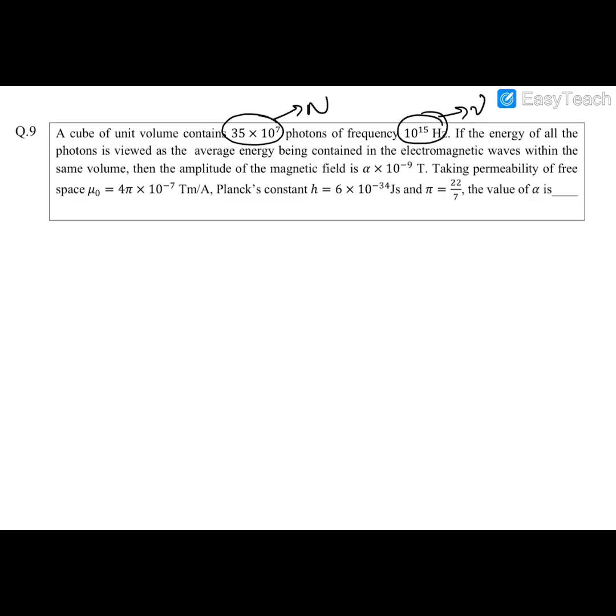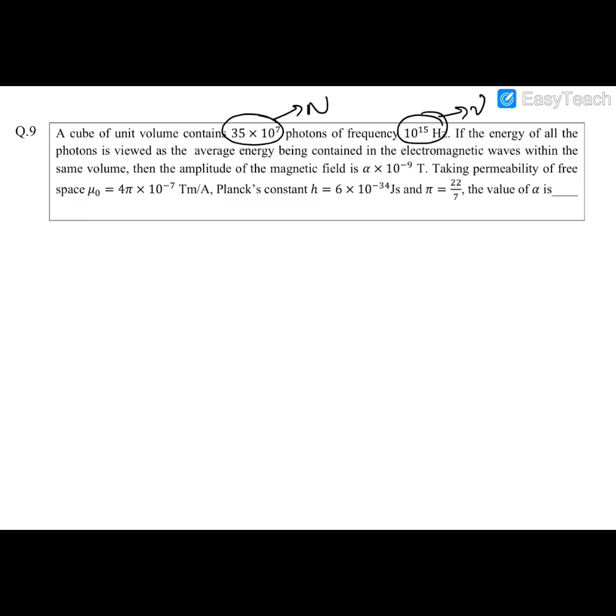Let us name it as nu. Now we can imagine that the energy of all the photons is the average energy contained in an electromagnetic wave within the same volume, which is 1 meter cube, because it is given as unit volume. And we have to find out the amplitude of magnetic field of such electromagnetic wave.